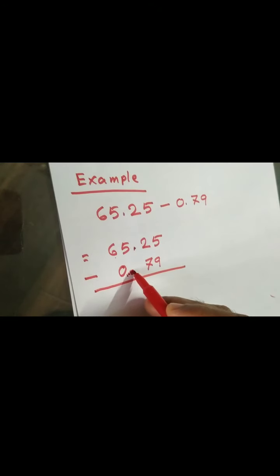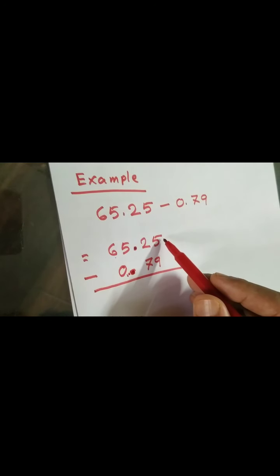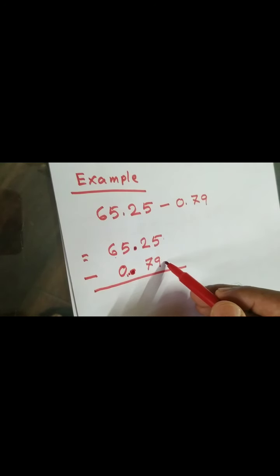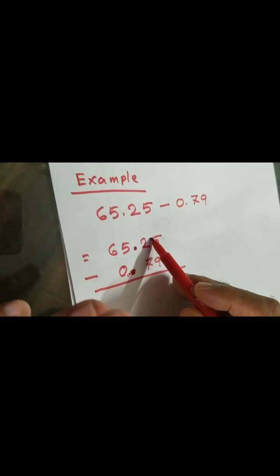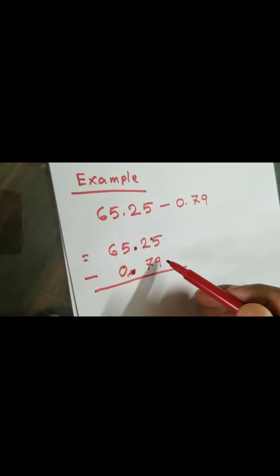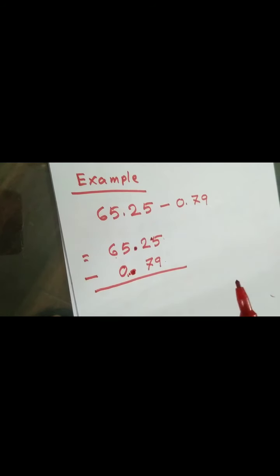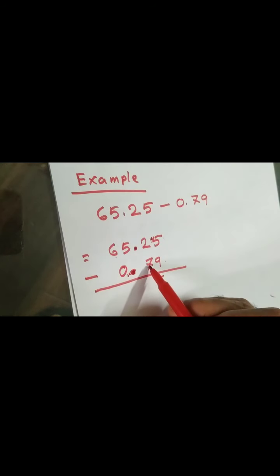Now let me carry out the subtraction process. Can I subtract this? 5 minus 9? No. So what I will do, I will assume that there is a 1 beside 5, so it becomes 15. Now I can subtract. 15 minus 9 gives me how much? 9, 10, 11, 12, 13, 14, 15. 6. Since I have put 1 beside 5, I will take that 1 away and add it with this 7.